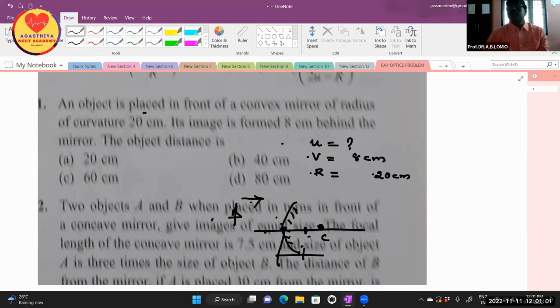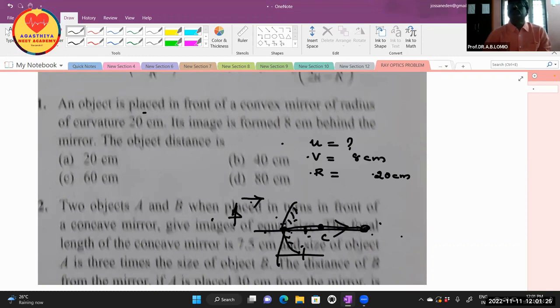Therefore, R is considered a positive value. Another thing, the image in this condition is obtained behind the mirror. This distance is also measured from the pole in the positive direction. Therefore, v is also positive.